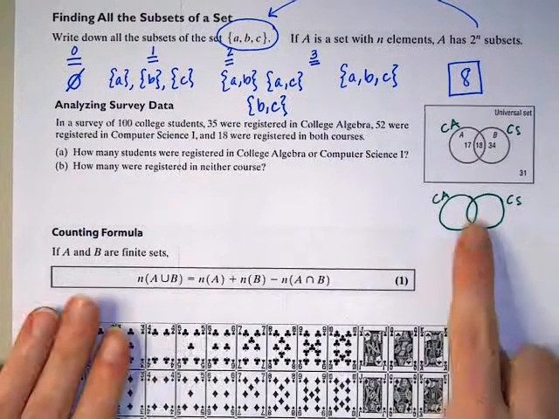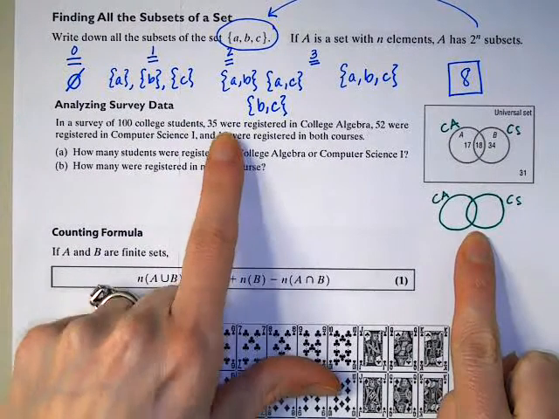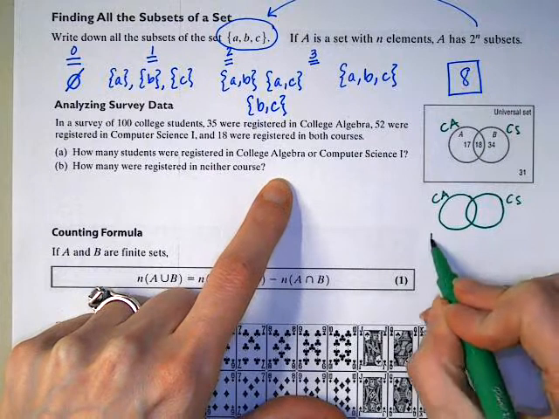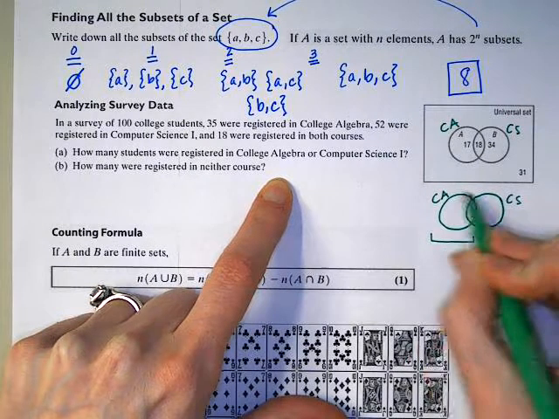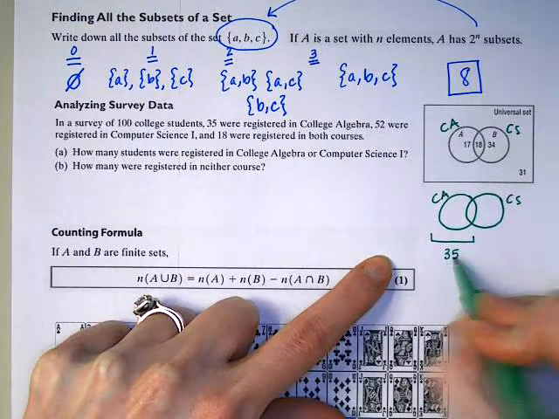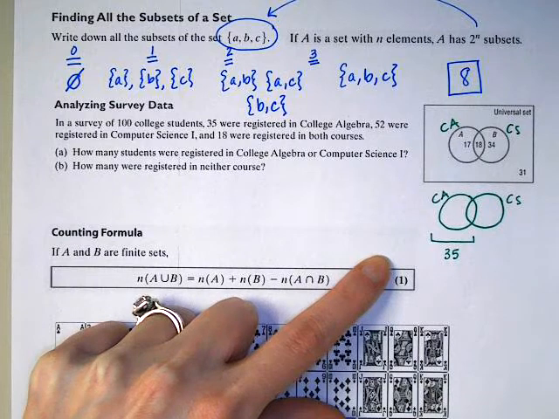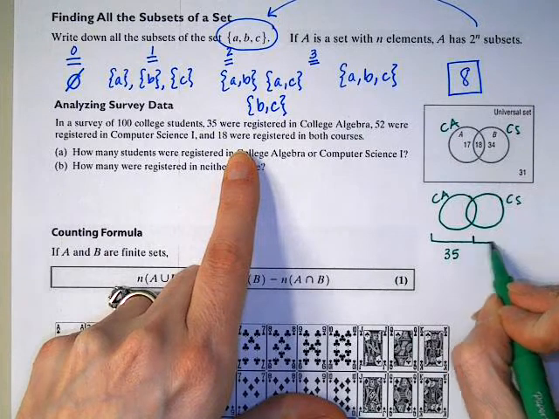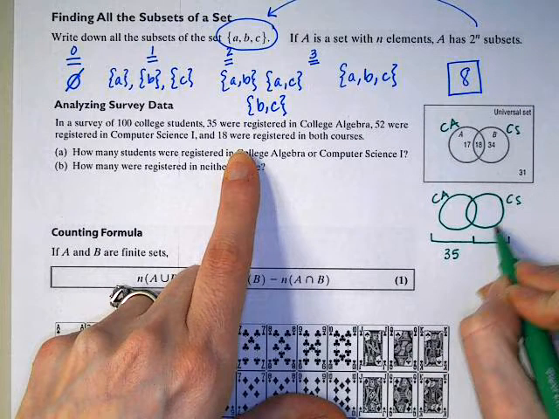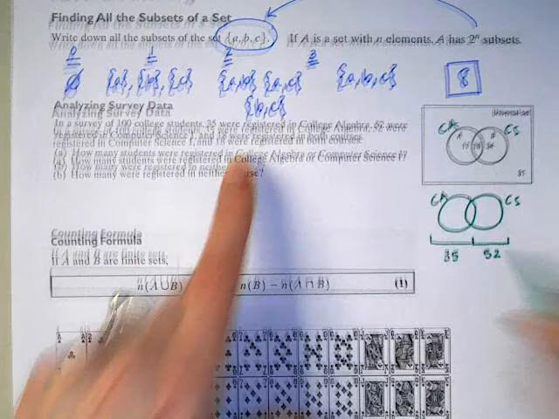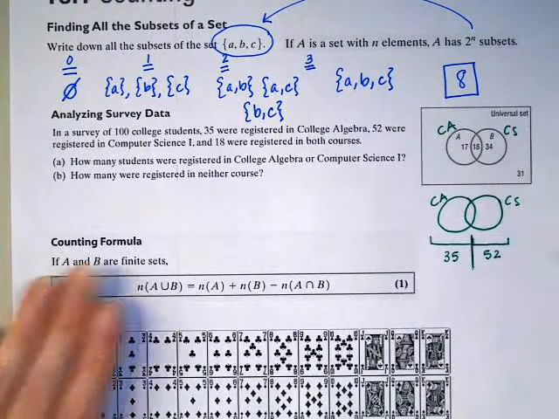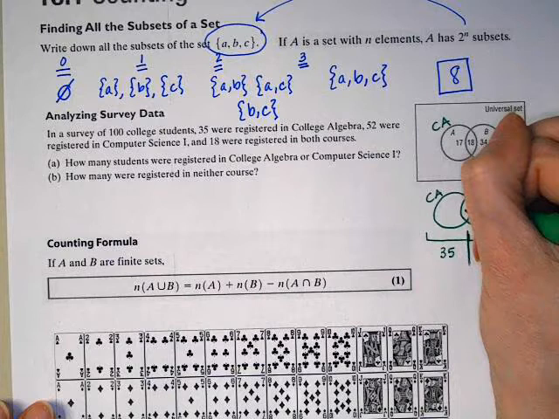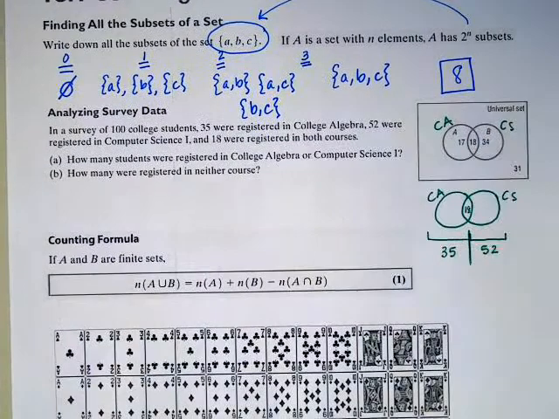In my example, 35 were registered in college algebra, so this whole circle is going to have 35. Then 52 were registered in computer science, so the computer science circle gets 52. And then it says 18 were registered in both, so we put the 18 in the middle.